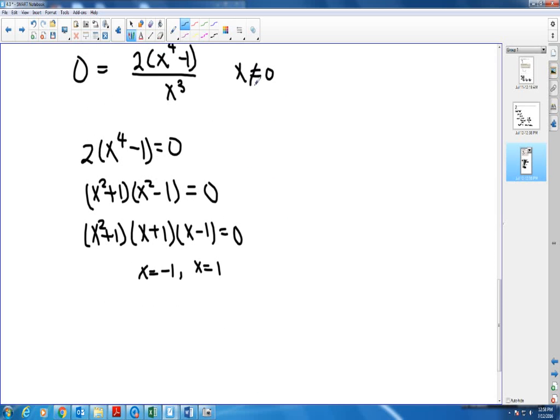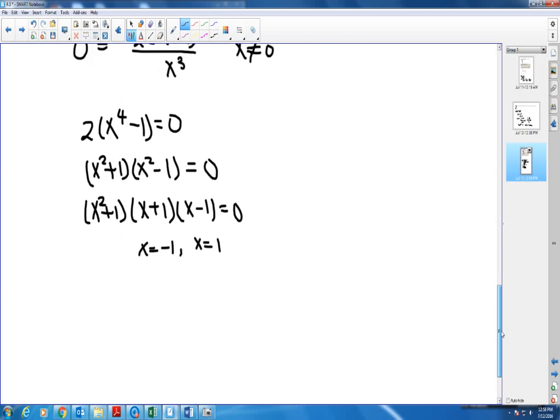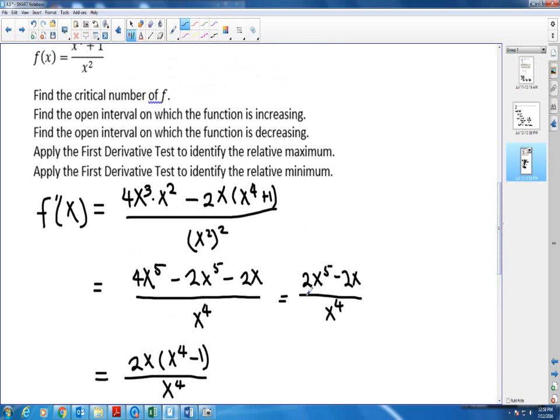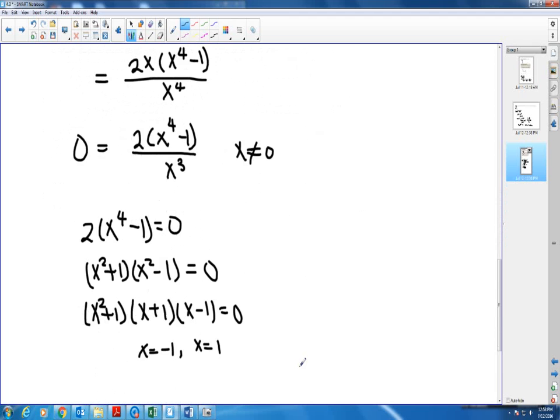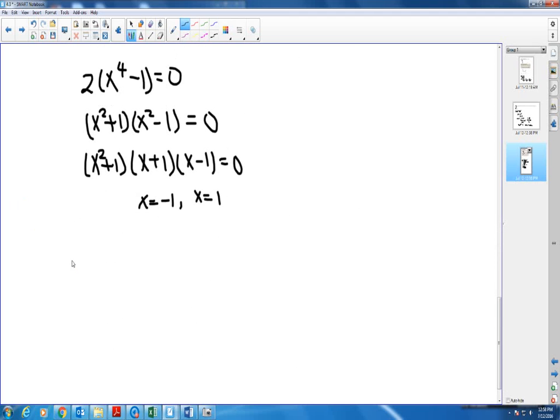I'm going to use this x not equal to 0 again to help me figure out the increasing and decreasing parts of the function. My leftmost point is -1, so my first interval is -infinity to -1. For f prime, I'm going to use -2 as a test value.